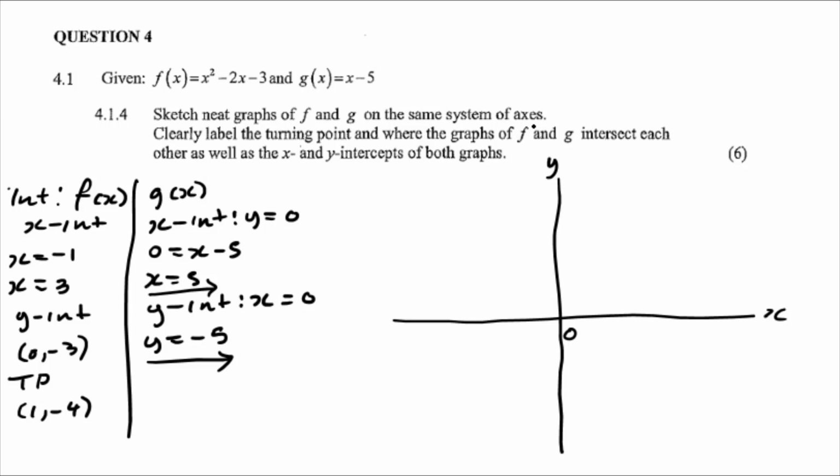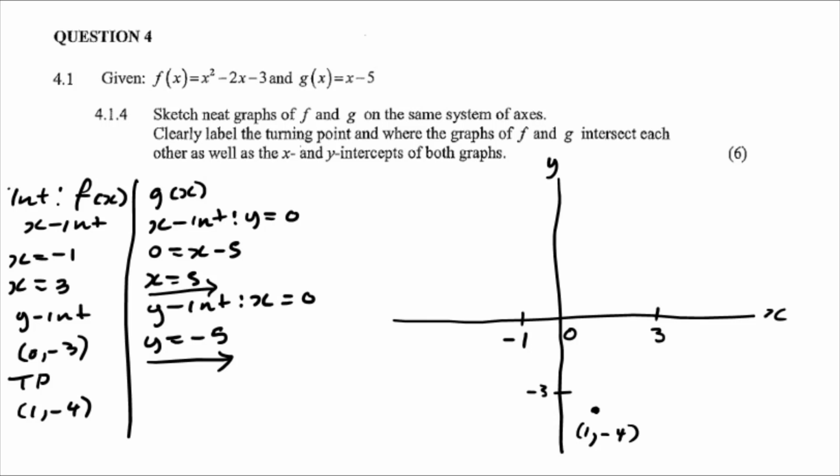So firstly we have our first x-intercept of f, which is -1, and then the second one would be 3, and then we have our y-intercept over here, which is -3, and then let me just make room for our turning point here. So the turning point is going to be somewhere here, which is 1 and -4.